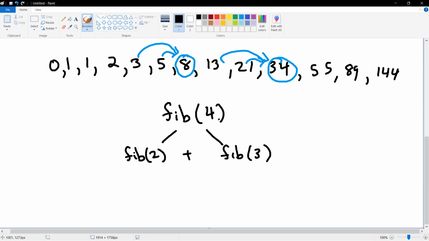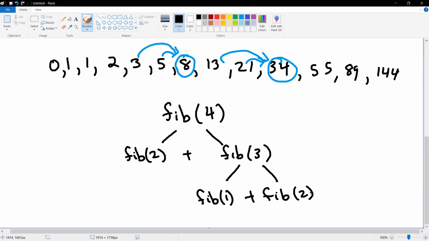The fourth Fibonacci number is just the sum of the previous two. And so this one function calls itself twice. Each of these calls itself twice again. Well, actually, not exactly, because we have a base case here. I'll talk about why in a second.